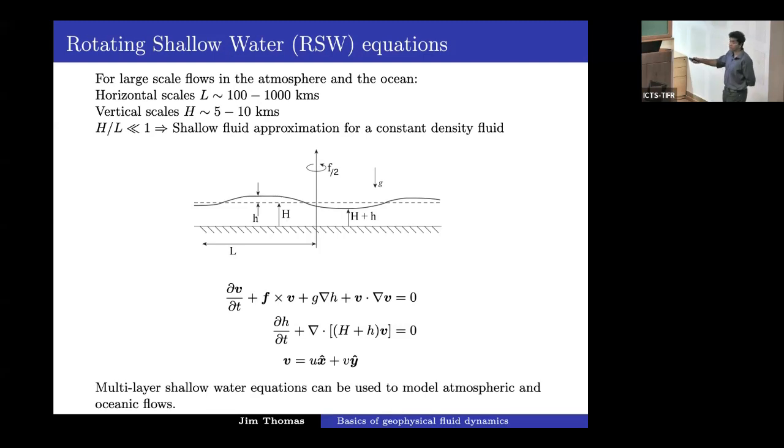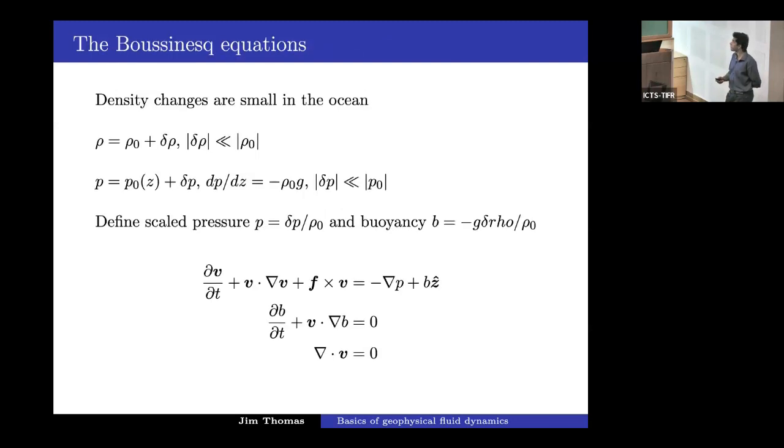By having many layers of shallow water stacked above each other, what I call multi-layer shallow water equations can model many of the complex features that I've shown before with constant density layers that are rotating. So that's the shallow water approximation.